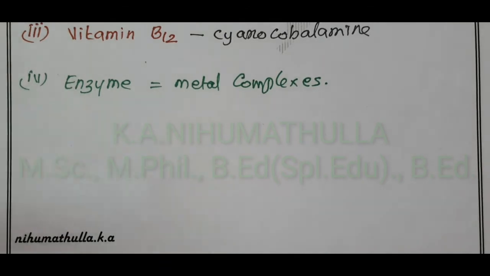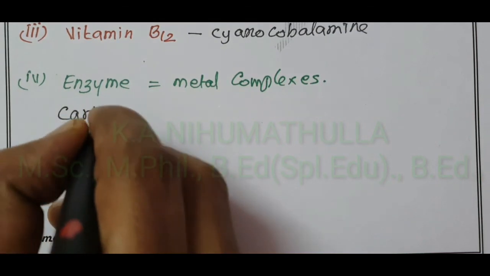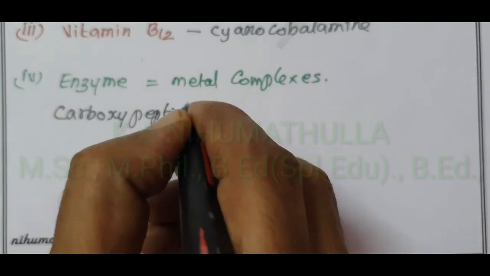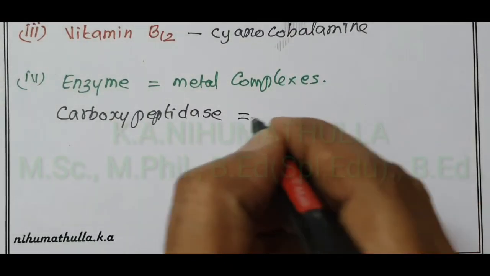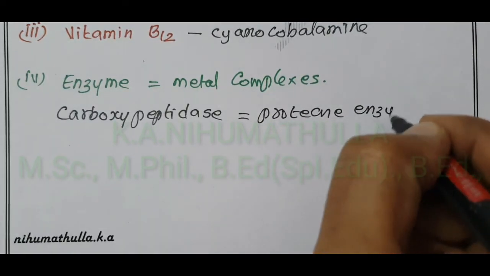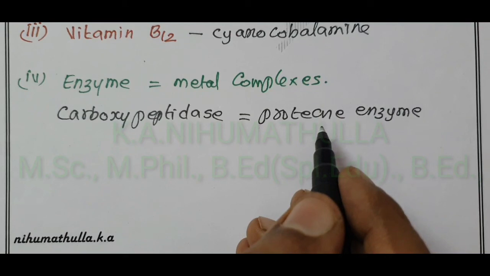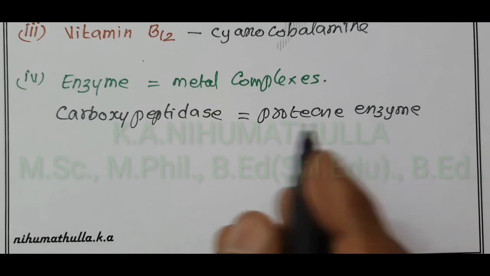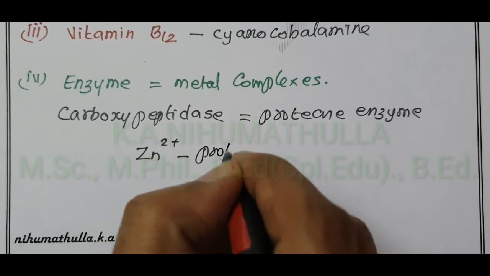For example, carboxypeptidase is one of the enzymes. It is a protease enzyme, a hydrolytic enzyme important in digestion, containing a zinc 2+ ion coordinated to the protein.